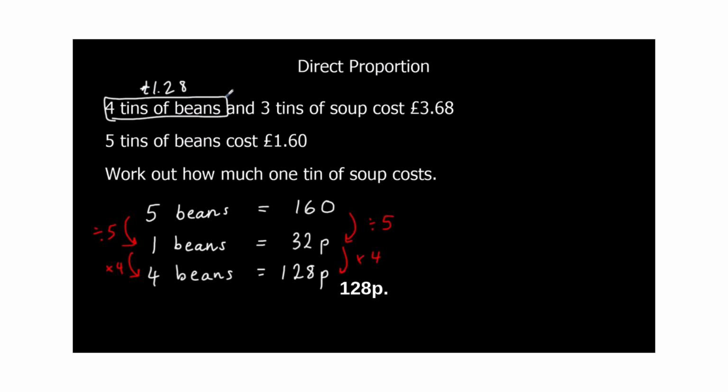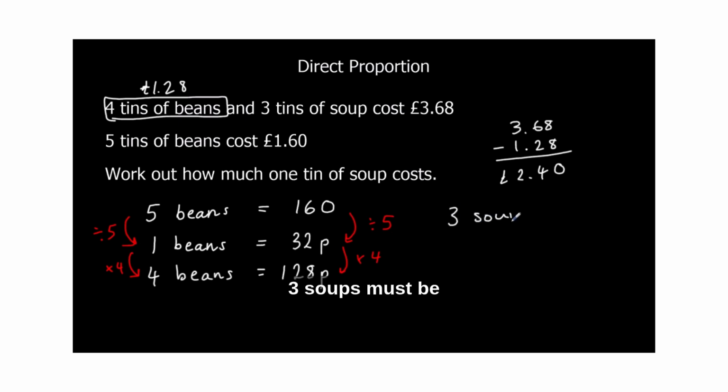So 4 tins of beans, that's £1.28 or 128p. And 3 tins of beans and soup costs £3.68. So I can work out how much 3 tins of soup costs by doing £3.68 take away £1.28. So that is £2.40. So that means 3 soups must be £2.40 or 240p.